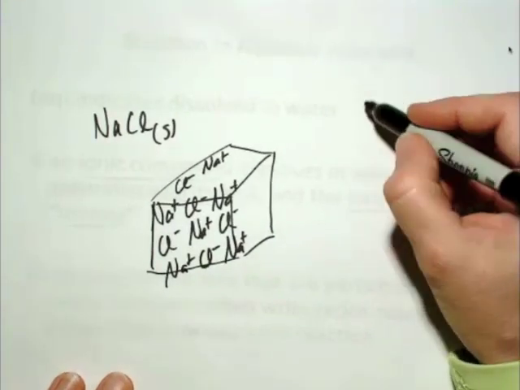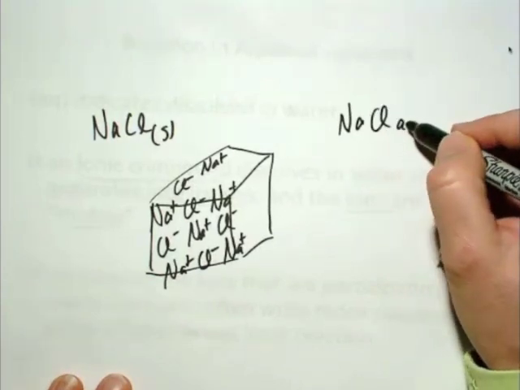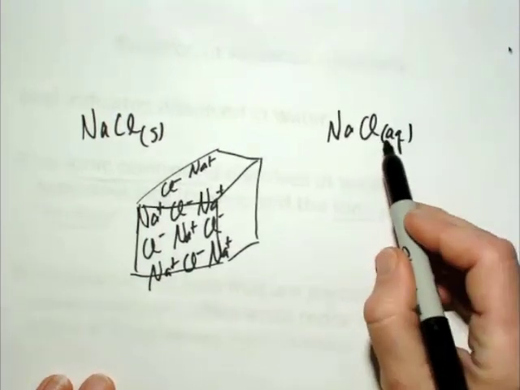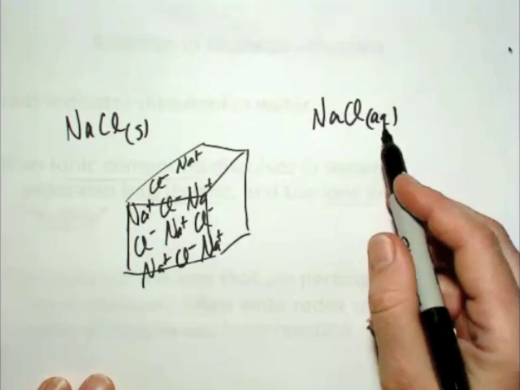Whenever you see sodium chloride aqueous, the AQ is telling you that that particular compound, and in this case it's an ionic compound, is dissolved in water.